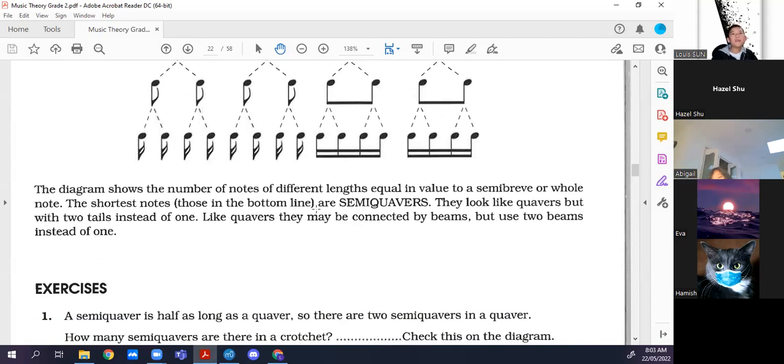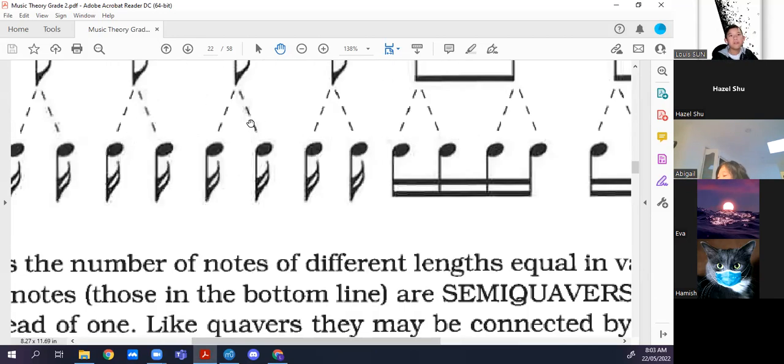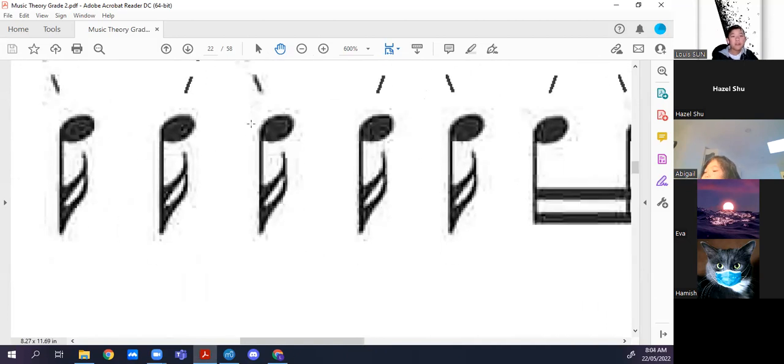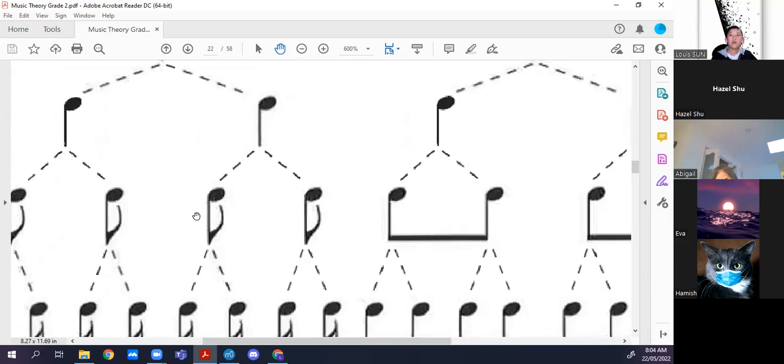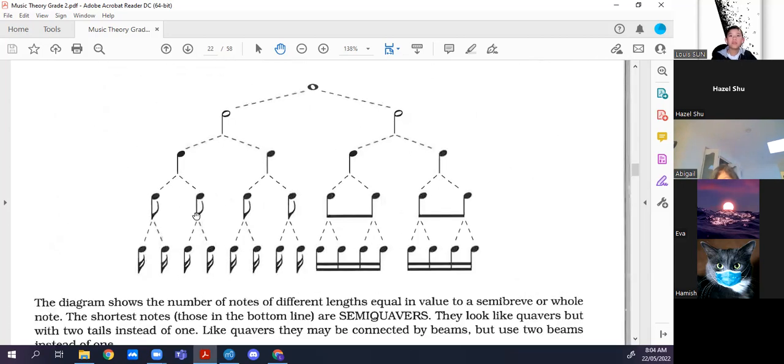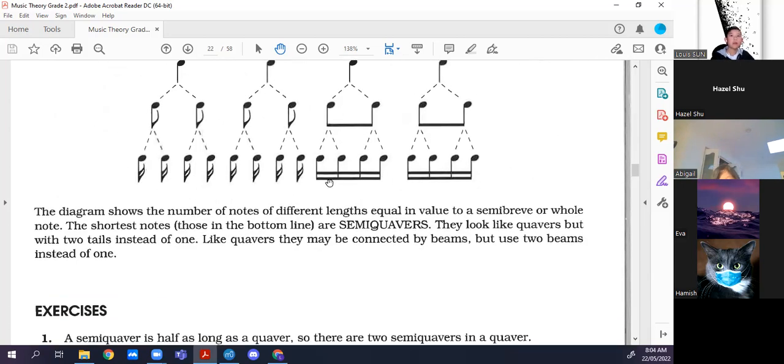The difference between quavers and semiquavers is that they have 2 tails instead of 1 for the quaver. That's something to observe when writing it, and also if you connect them, you have to put 2 beams down.